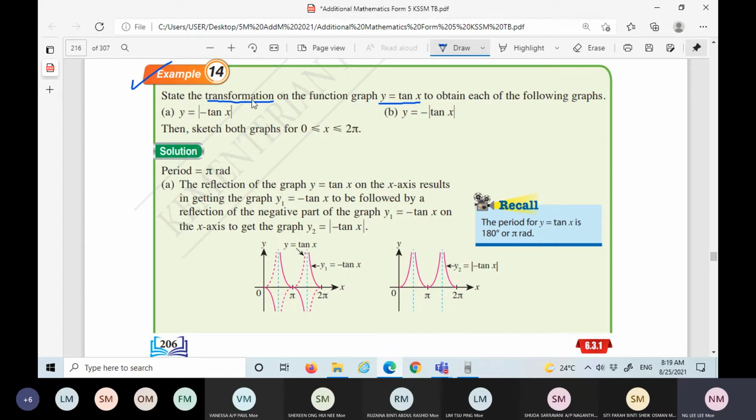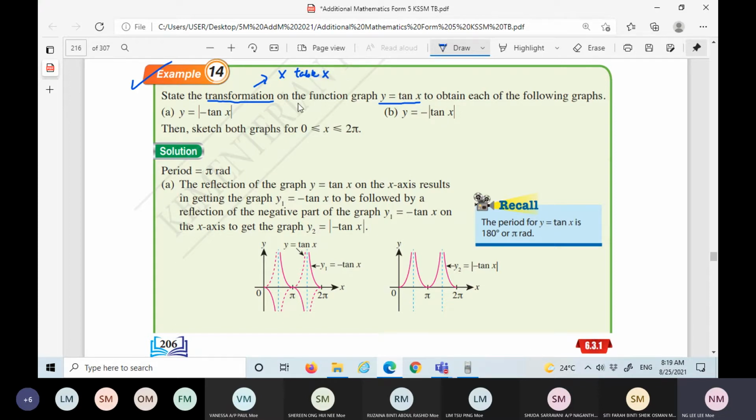What is the transformation? If the question is modulus negative tangent x, this kind of question you cannot use the table method to do.